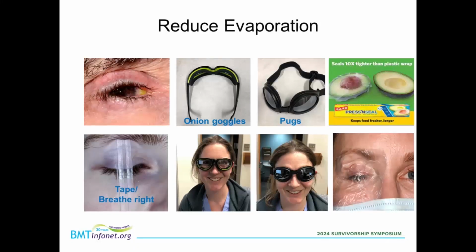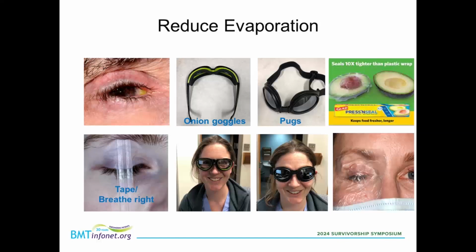We find that Breathe Right strips or medical tape alone is sometimes very effective. But various patients have come in with things like onion goggles and Pug goggles, which is just a brand name for a type of inexpensive goggle that you can wear. And you can see the onion goggles on a patient. You can see the Pug goggles on a patient.